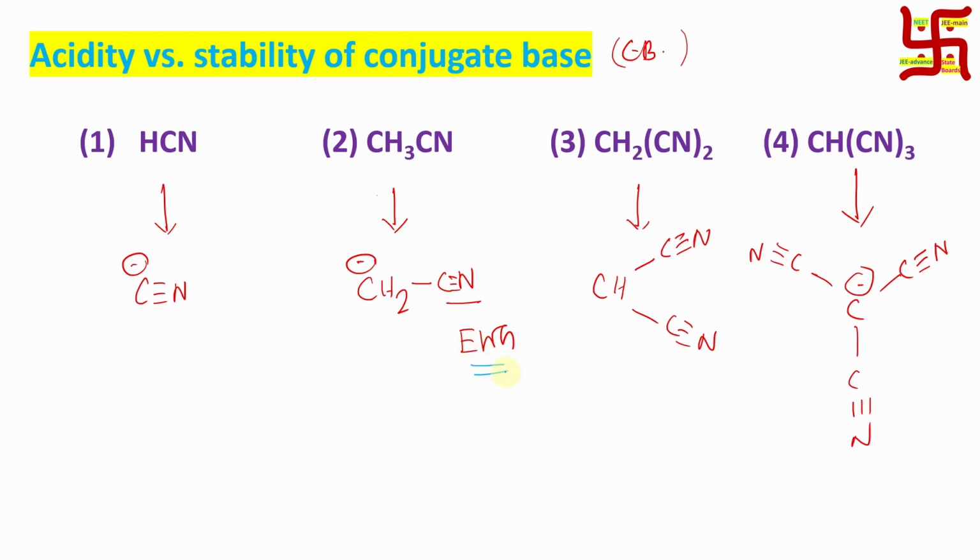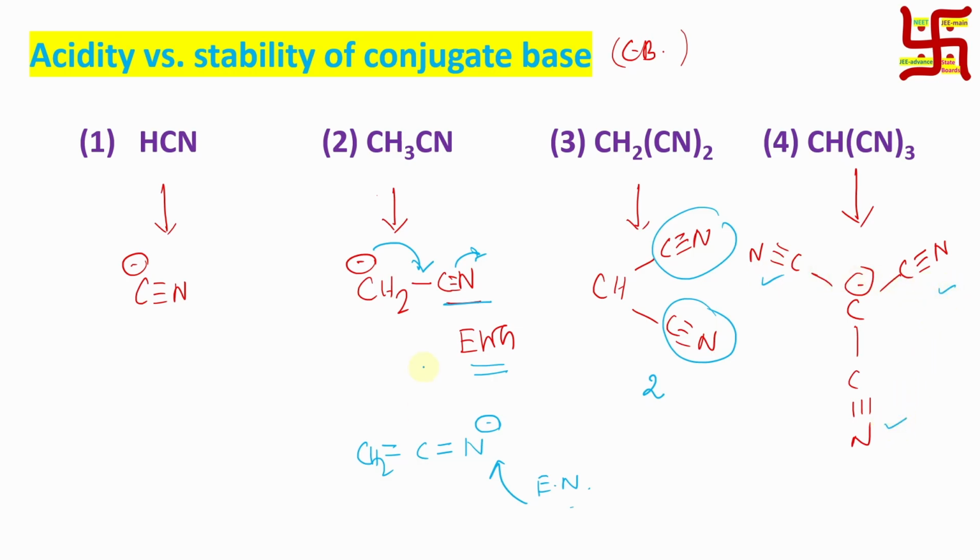The more electronegative groups, the more delocalization of the negative charge, with the help of the electron withdrawing cyano group, and the negative charge goes to the more electronegative atom nitrogen and is stabilized. Here one stabilization is possible, here two because of two cyano groups, and here three. So we can conclude these will be the most stable among options 2, 3 and 4.